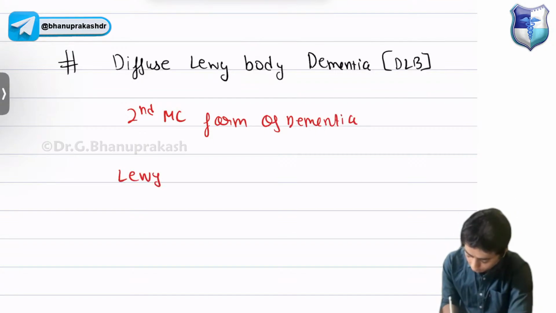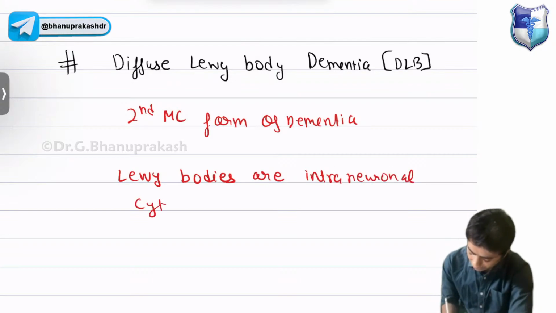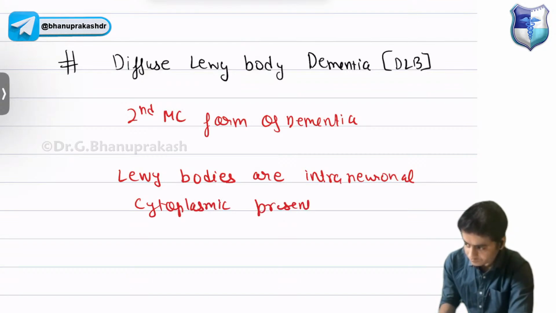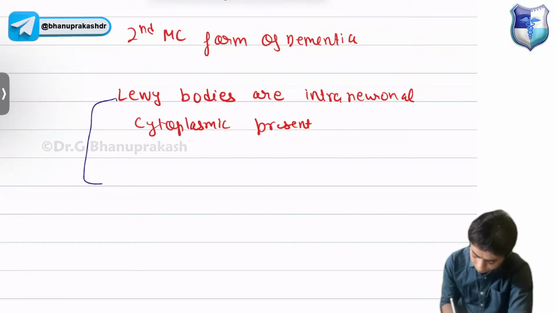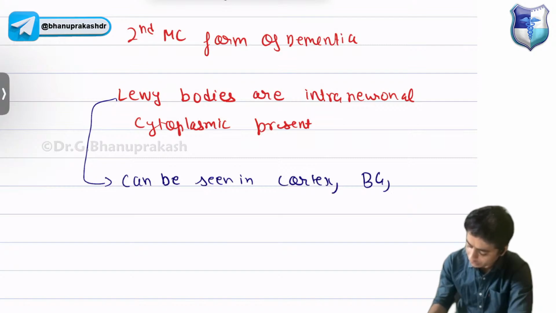In this, Lewy bodies are intraneuronal and cytoplasmic. This Lewy body can be seen in the cortex as well as the basal ganglia or substantia nigra.